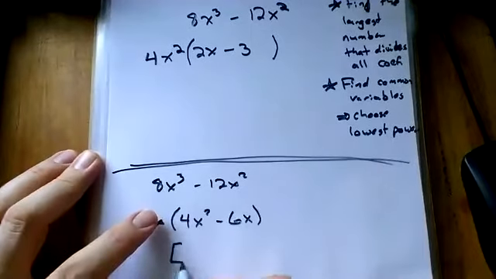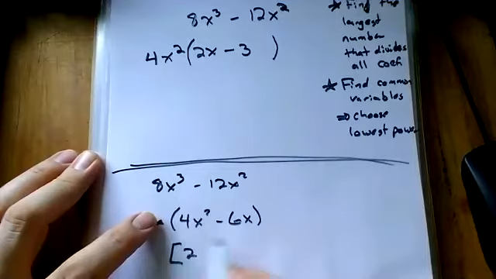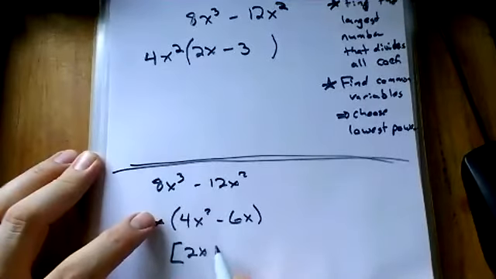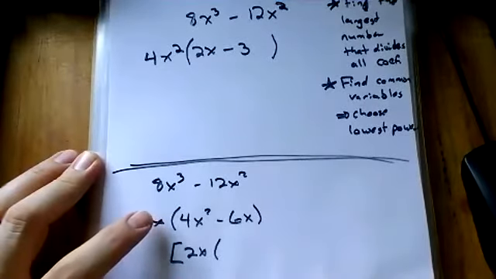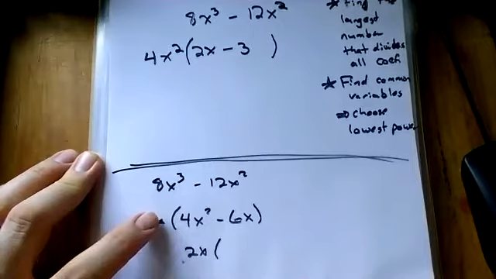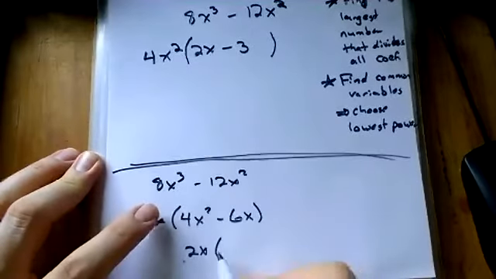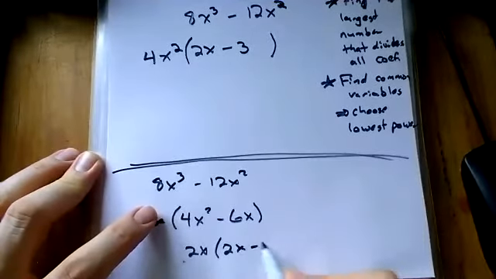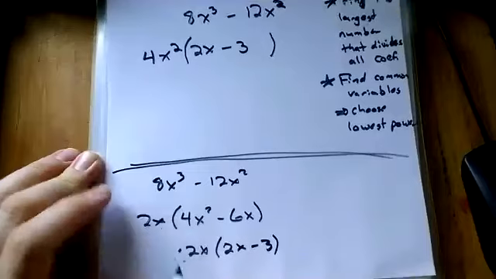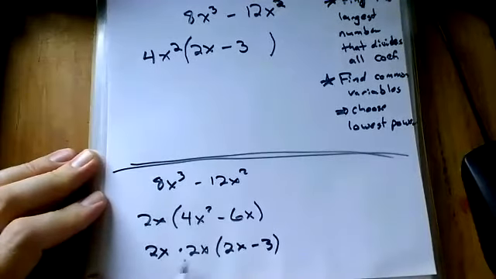So I'm going to say, oh, that's going to be like a 2 is here, and I can have another x, and that would be times our 2x minus 3. Well, guess what? That original 2x stuck around.